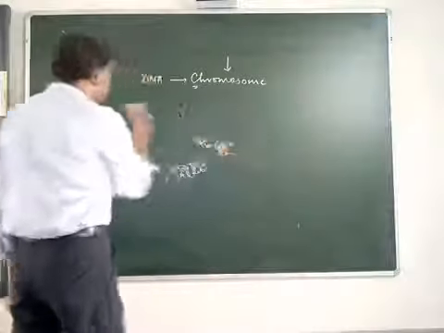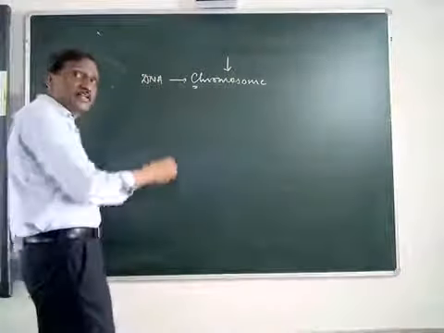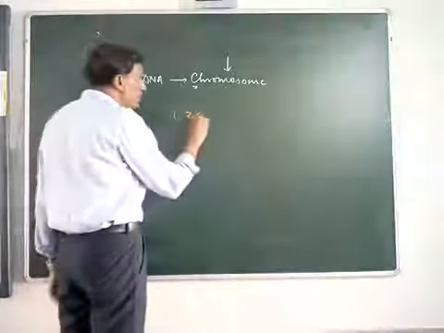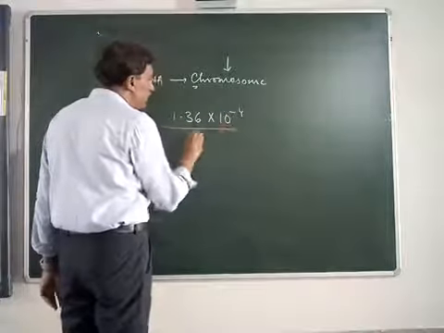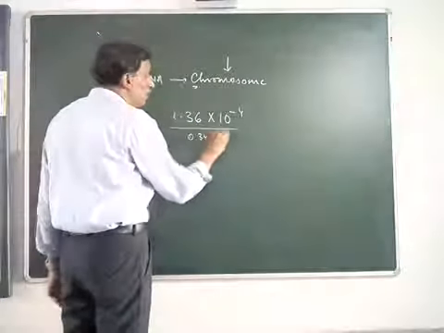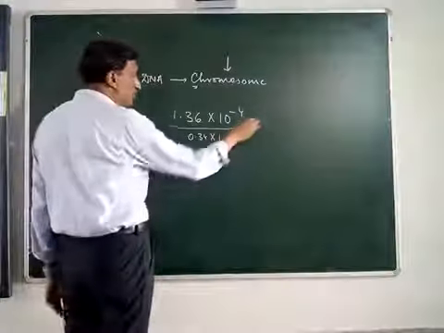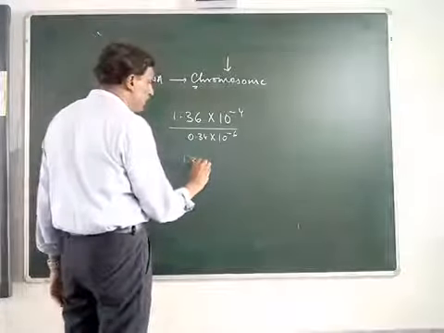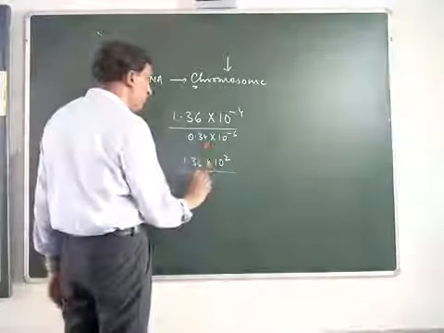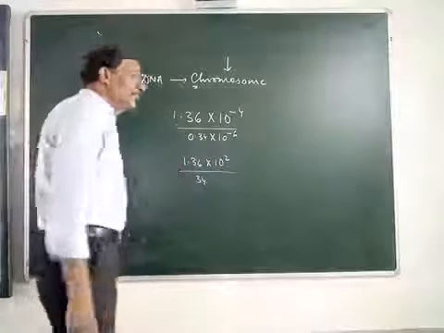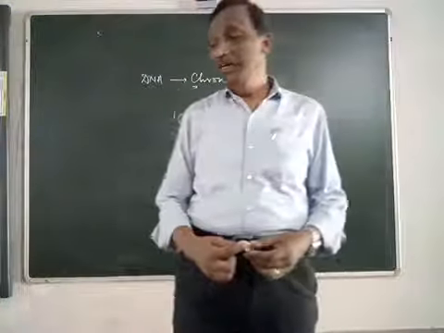Number of base pairs is 1.6 into 10 to the power minus 3 divided by 0.34 into 10 to the power minus 9. So divide this by 0.34, and you will get the number of base pairs found in Escherichia coli.